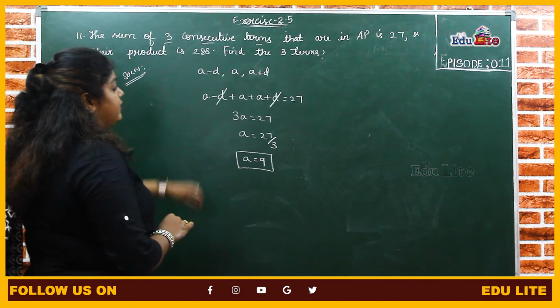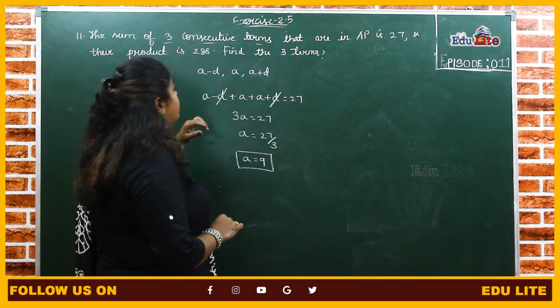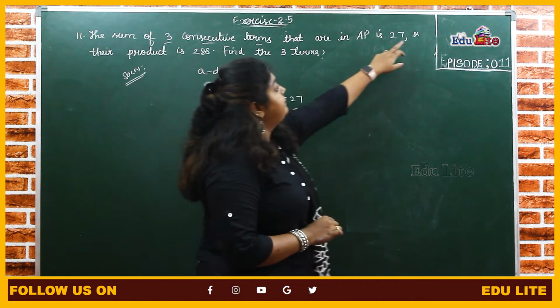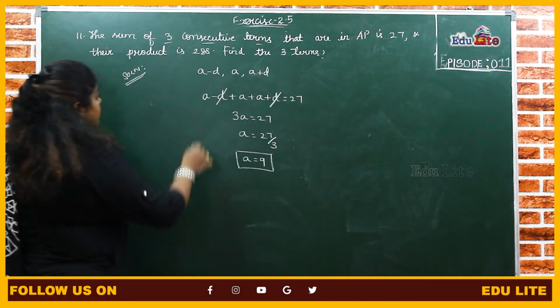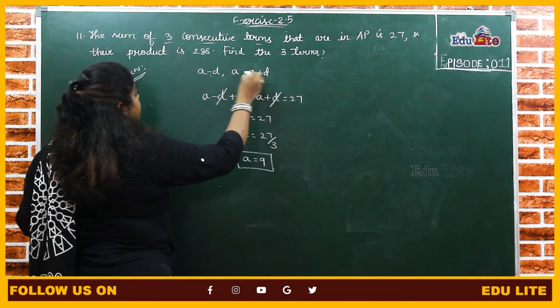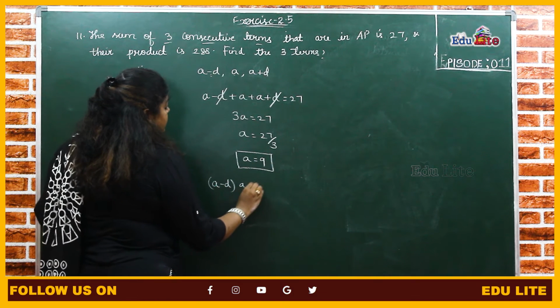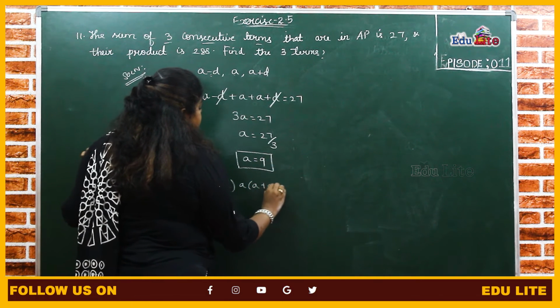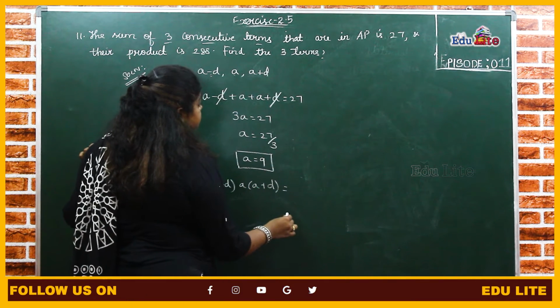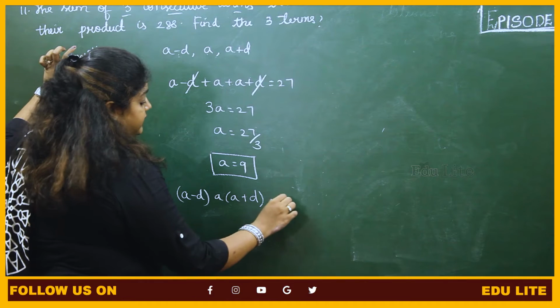Next we will find the value of d. What is given is that their product is 288. Product means the product of these 3 terms: (a minus d) a (a plus d) equals 288.